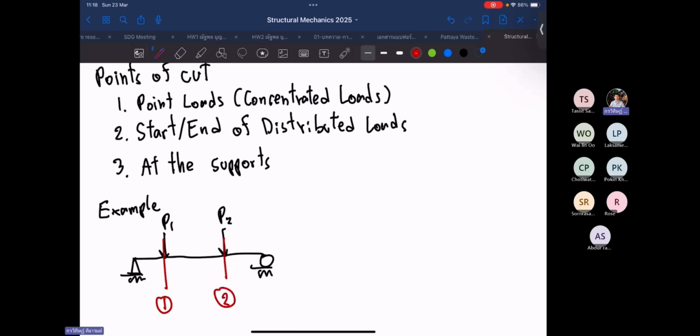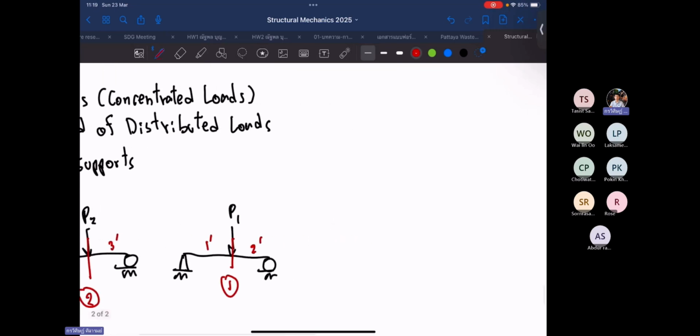If I have only one point load, P1, I have only to cut one time at this part. And when we cut, we can have 2 members to work with.